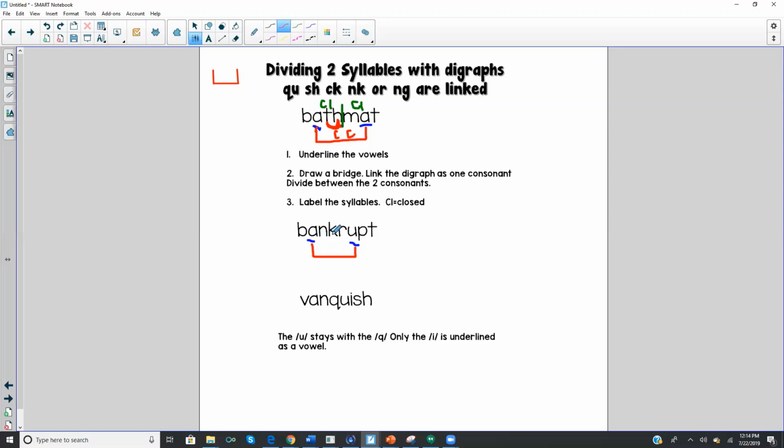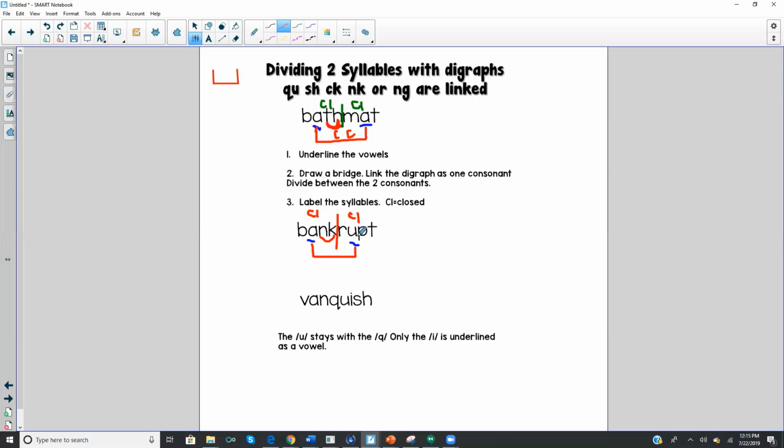Now we have N, K, and R. N, K is going to be together, and then R is going to be one. They're both going to be closed syllables. So it's going to be bankrupt. That's right. Very good. You're brilliant.